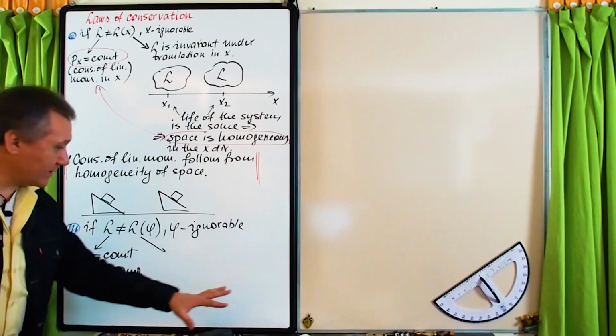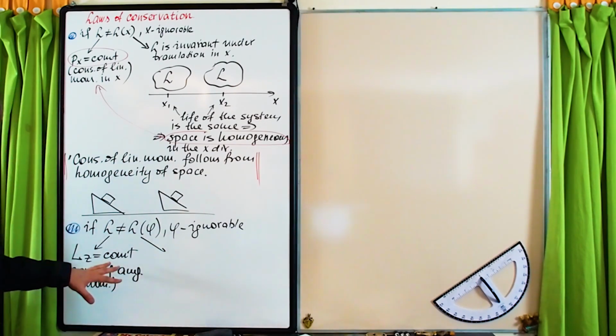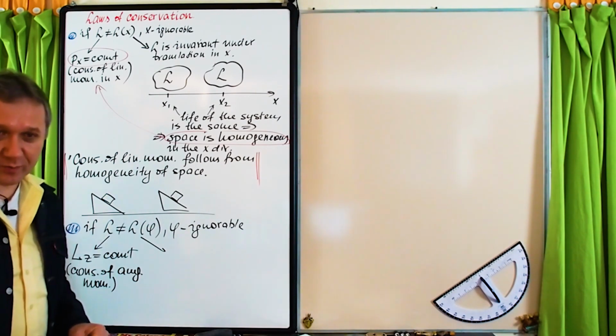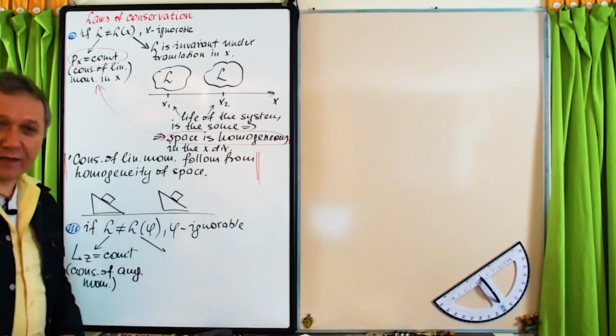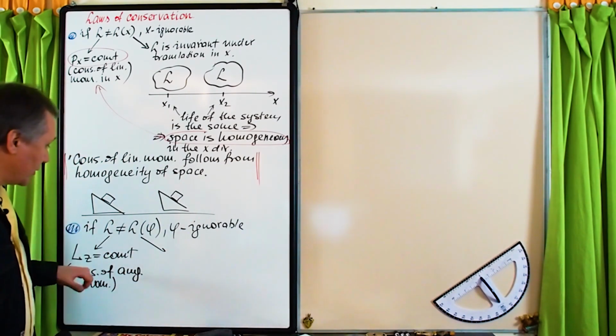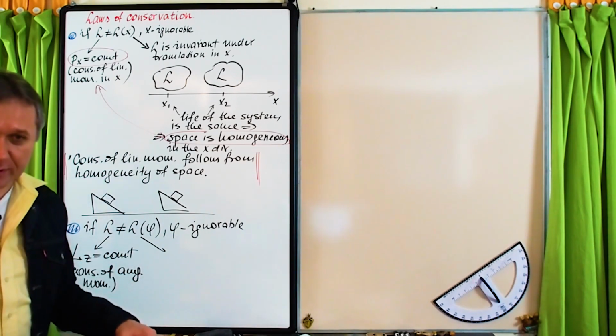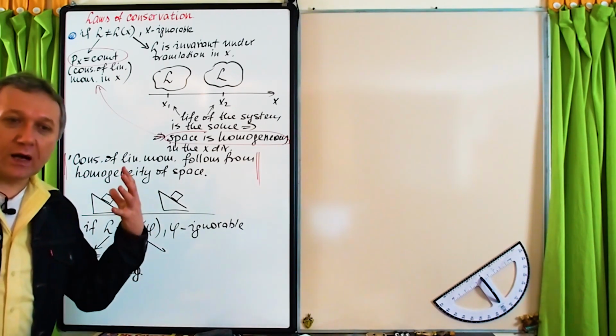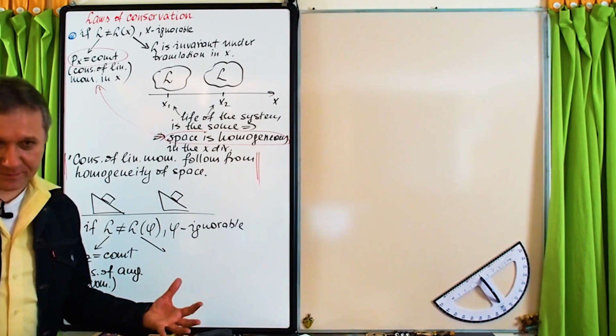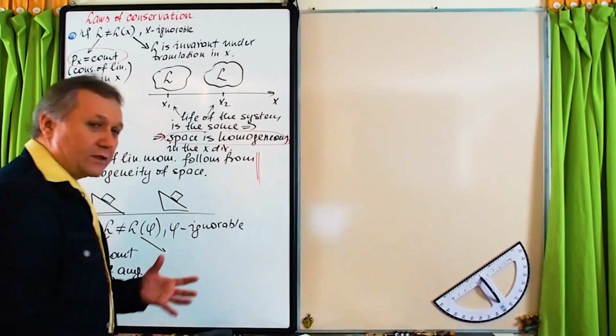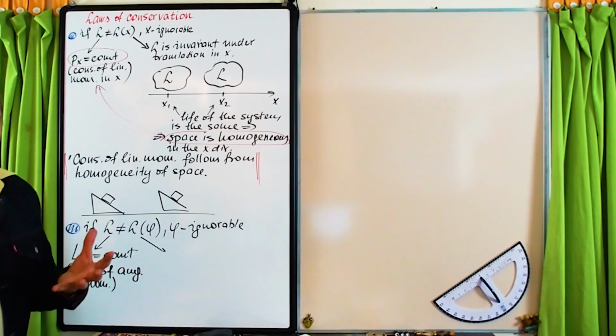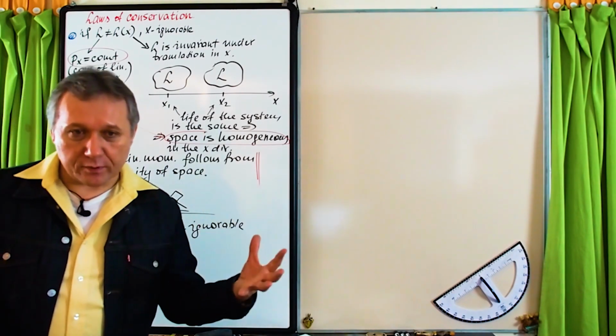I will write it in a second. But from the other side, it leads to the conservation of angular momentum. So we will be able to connect these two sides and say that conservation of angular momentum follows from isotropy of space. So you see, these laws of conservation are the consequences of properties of space.